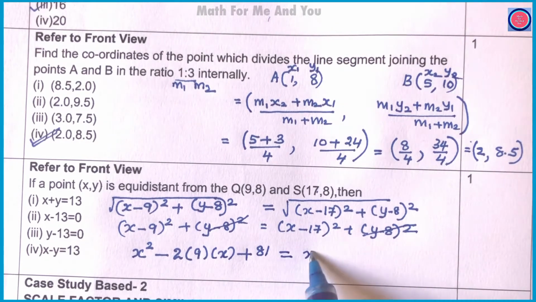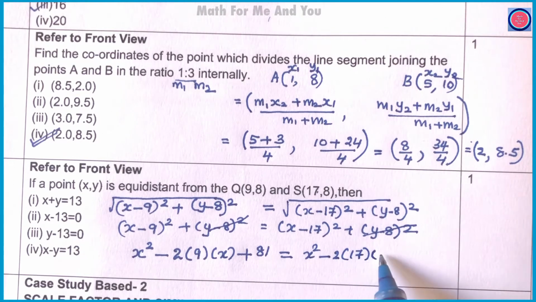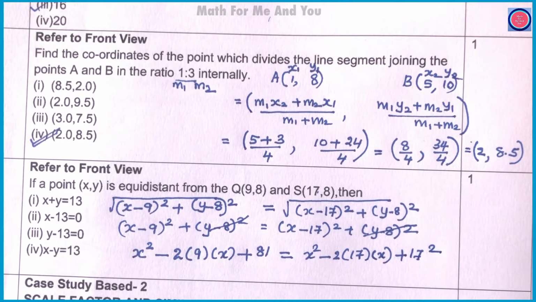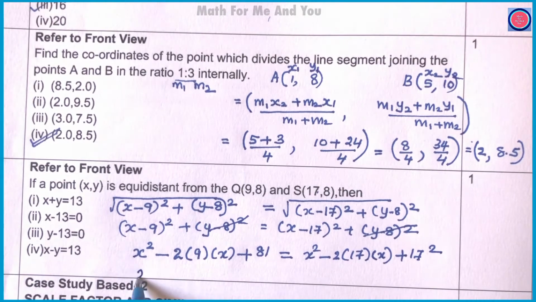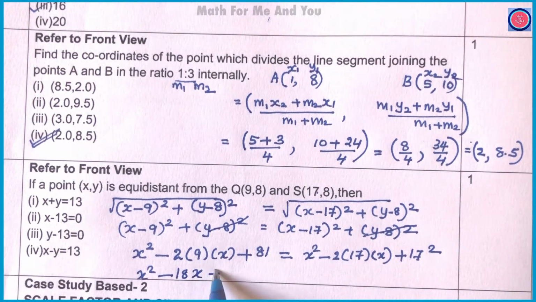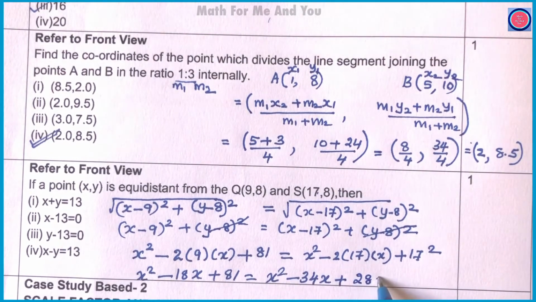Then the right side, x square minus 2 times 17 times x plus 17 square. Okay, simplify this. X square minus 2 times 9 is 18 times x is 18x plus 81 is equal to x square minus 2 times 17 times x, 34x plus 17 square is 289.